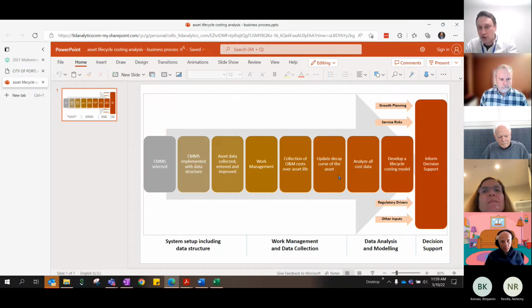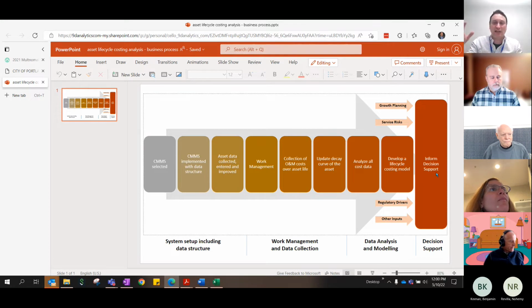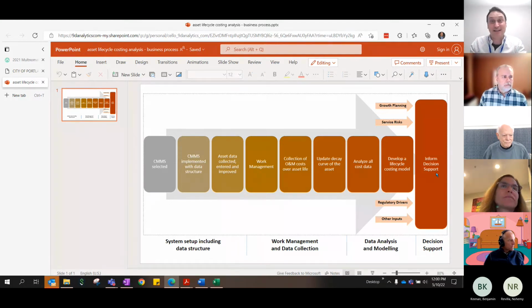Then the decay curve updates occasionally, and then the analysis of the life cycle data to reach that model for that specific asset, which we can make decisions off of. So we can maybe build our more detailed, BPMN compliant life cycle cost development sub-process, with these inputs coming together at next time we meet.